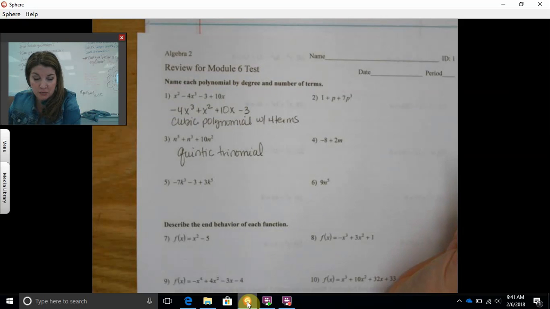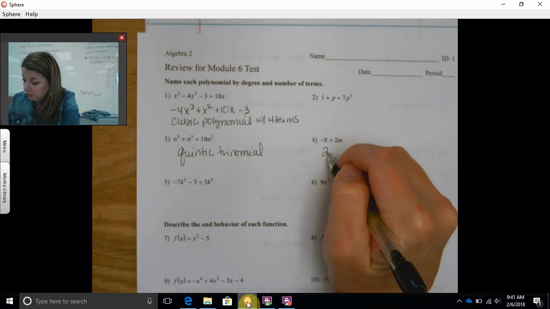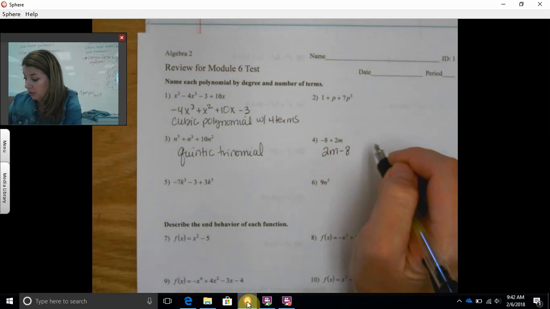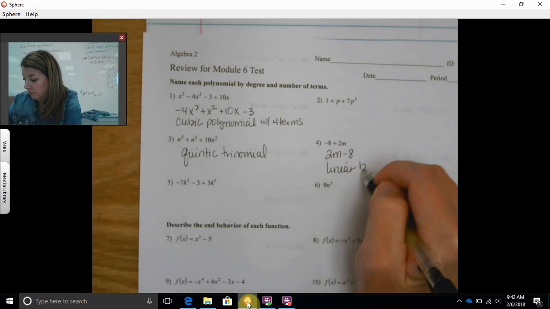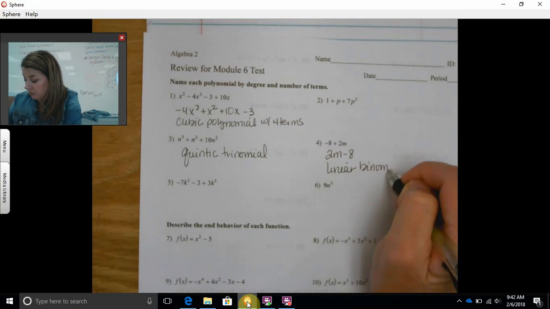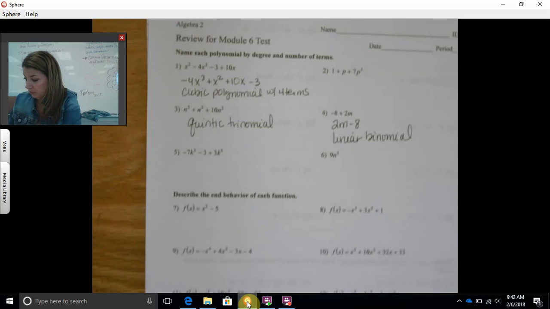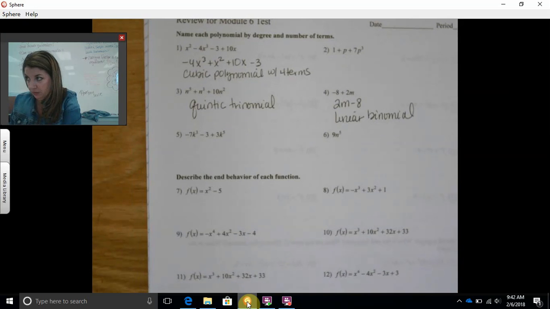First of all, is it in standard form? No, what should it be in standard form? 2n minus 8, and what's that? Linear binomial. Y'all can do the other ones on your own. Yes, you do. Can't use your notes.